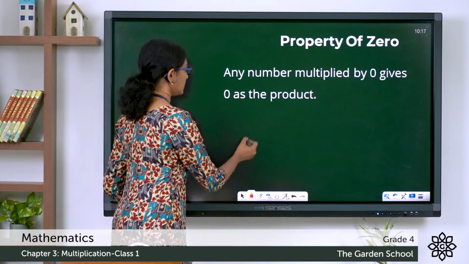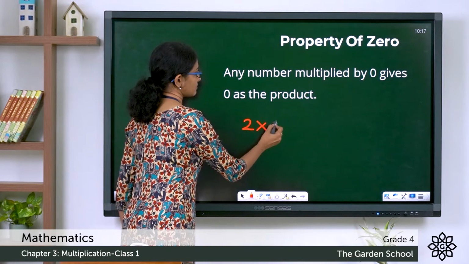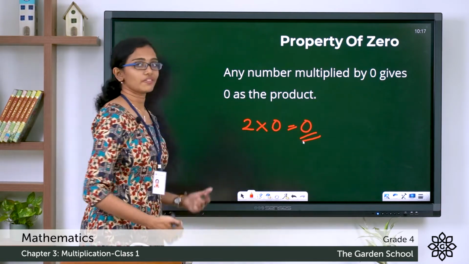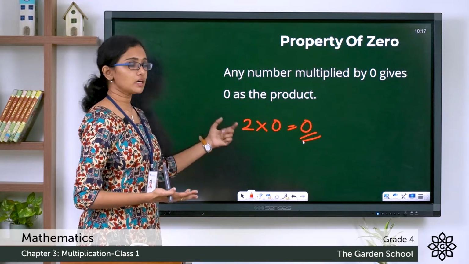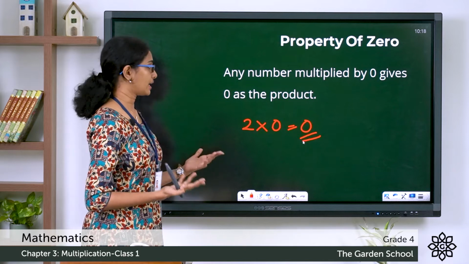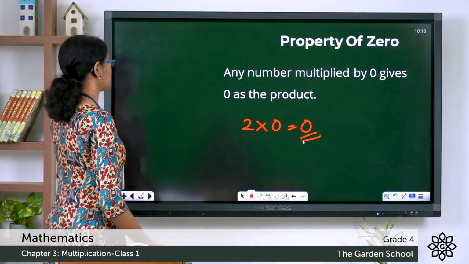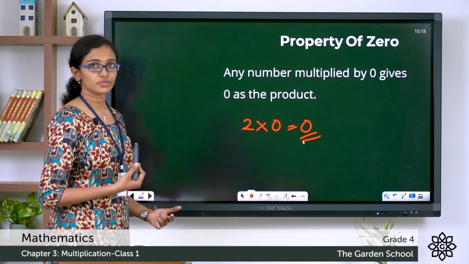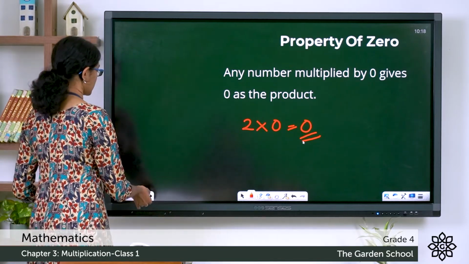For example, if 2 is multiplied by 0, the result or the product is 0 itself. It means that the number is not existent there. The number is not added any time. So, it is 0. 2 into 0 equals 0, or any number into 0 equal to 0 itself.